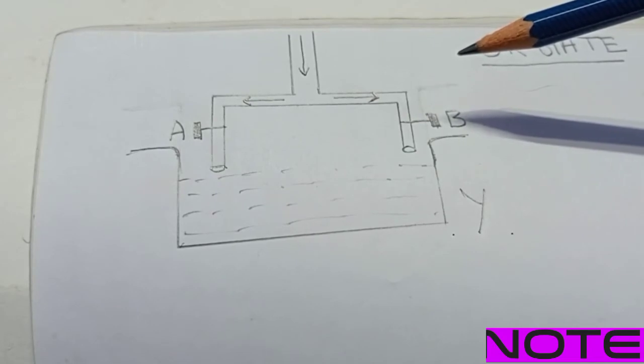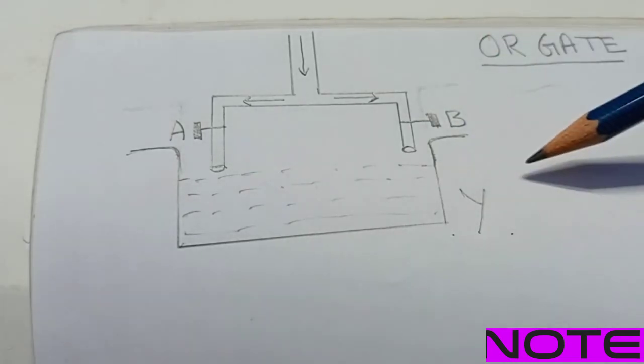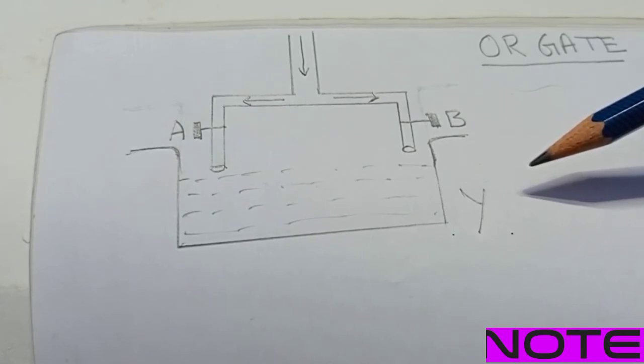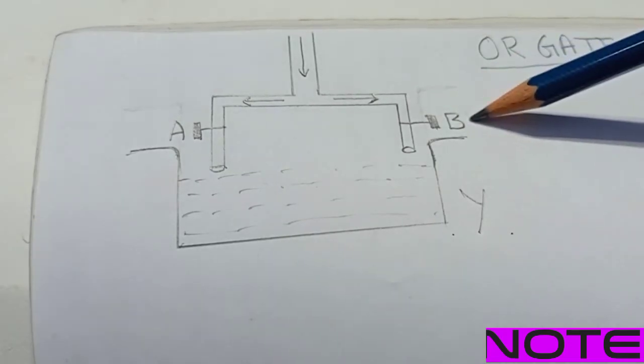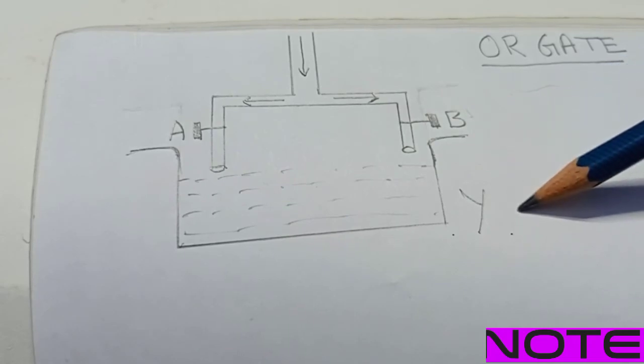If A is open and B is closed, we can get water from the line. So logically it can be stated as A equals 1 and B equals 0, then Y is equal to 1. If both A and B are open, we can get water from it. So if A equals 1 and B equals 1, then Y will be equal to 1.